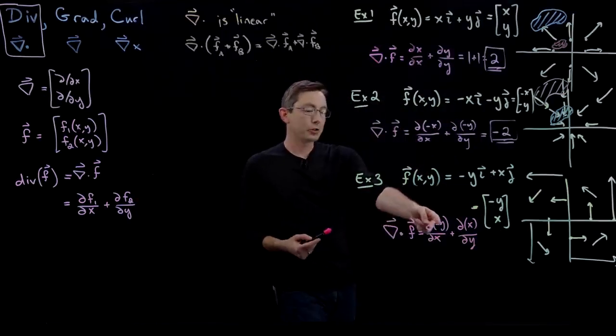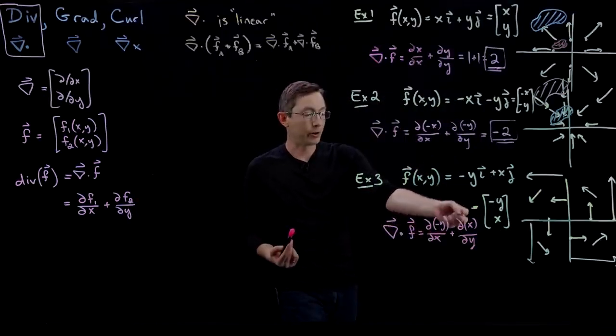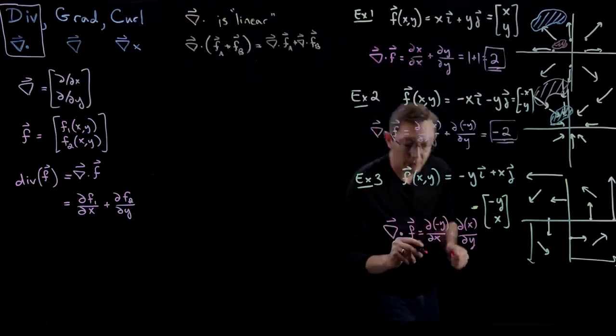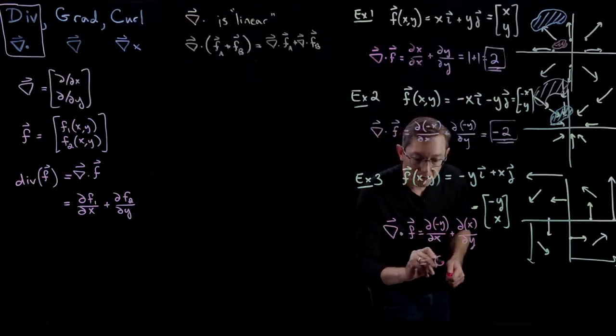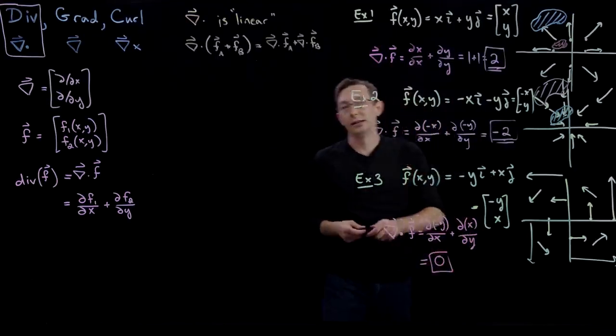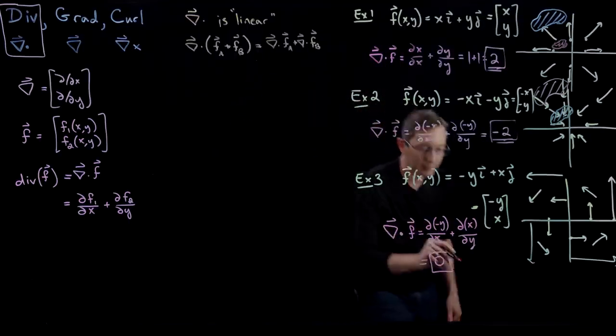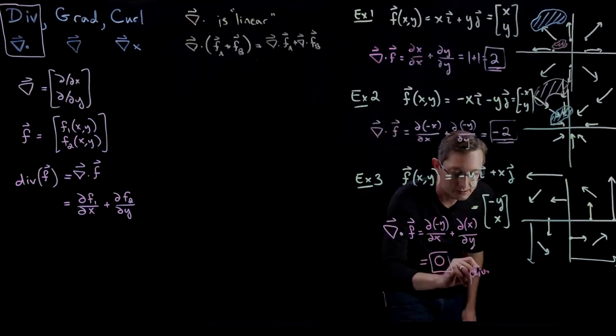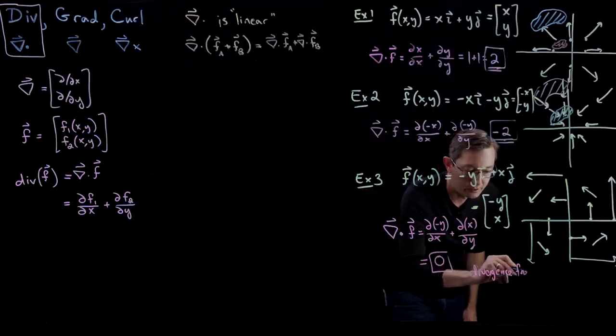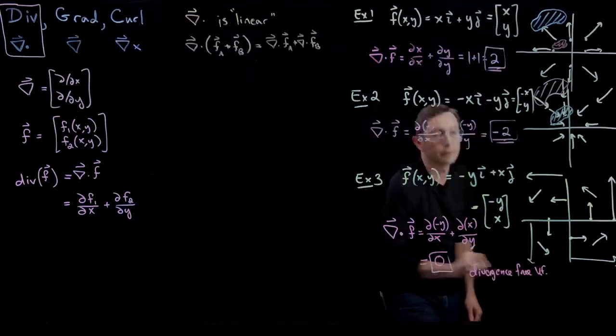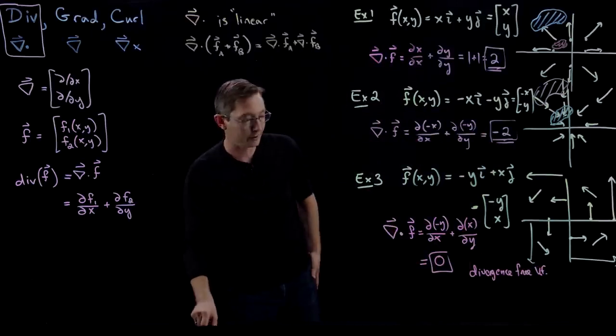And now, partial of y with respect to x is 0, partial of x with respect to y is 0, and so this vector field has 0 divergence. It is divergence free. I'm going to write that down. So this is called a divergence free vector field. Okay, very important type of vector field.